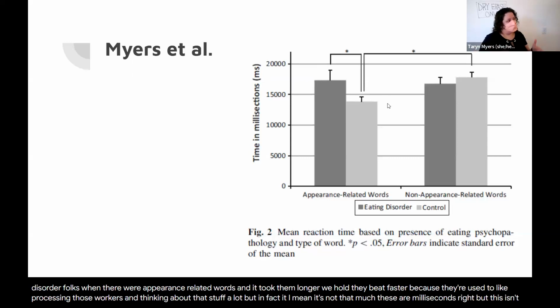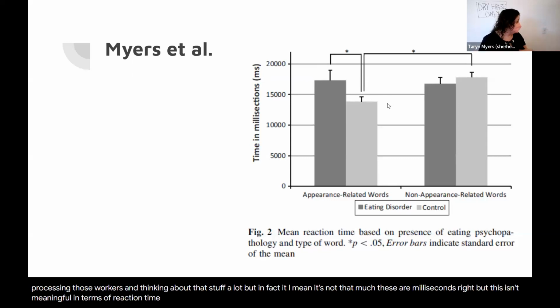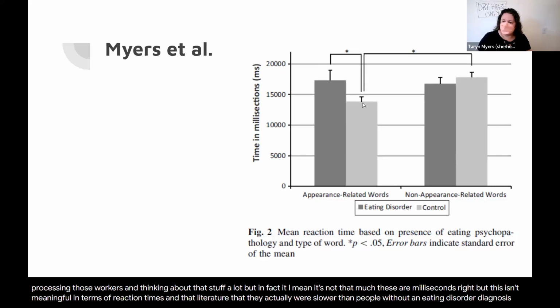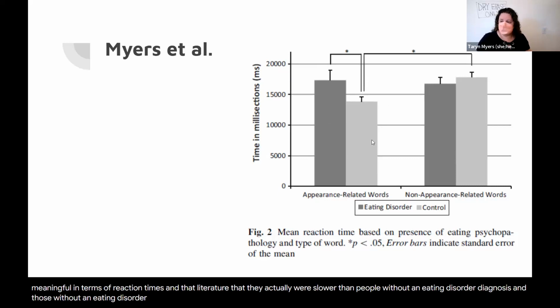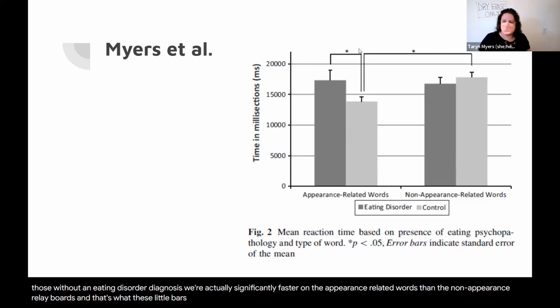But this is meaningful in terms of reaction time in that literature, that they actually were slower than people without an eating disorder diagnosis. And those without an eating disorder diagnosis were actually significantly faster on the appearance-related words than the non-appearance related words. And that's what these little bars up here tell us are the ones that there's a significant difference in between.